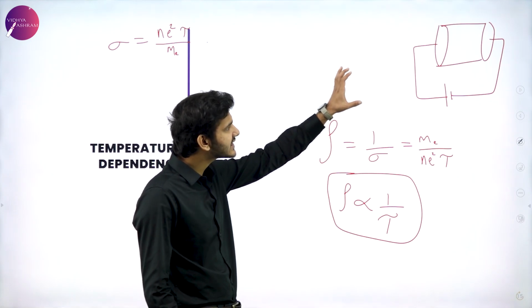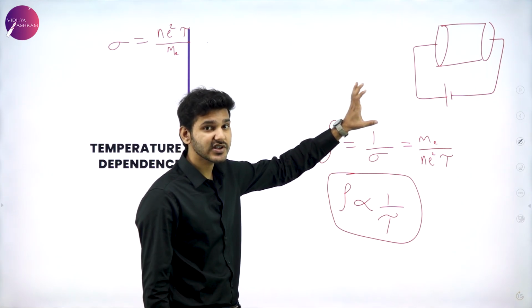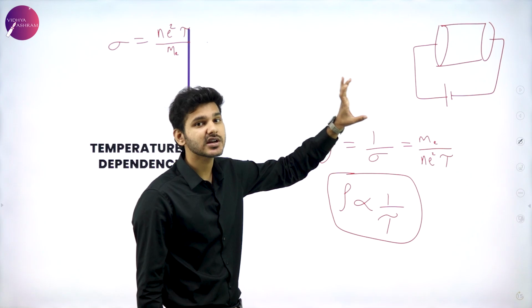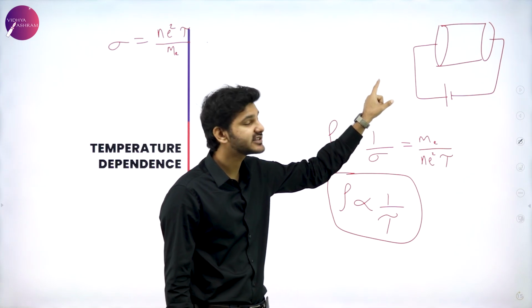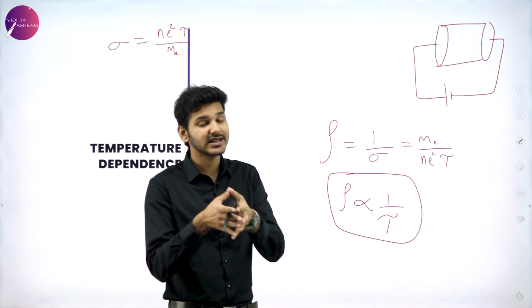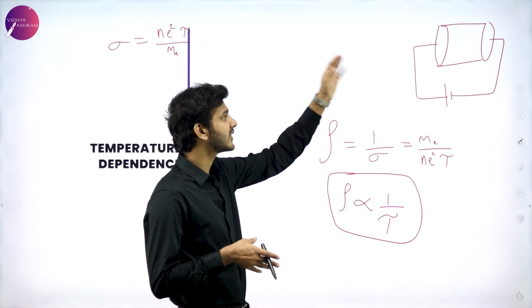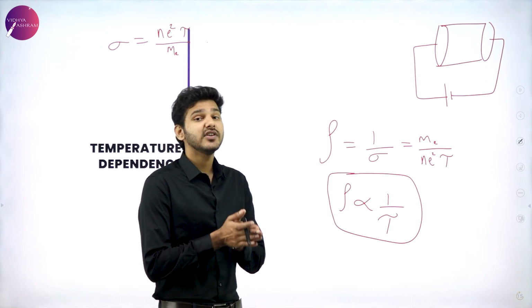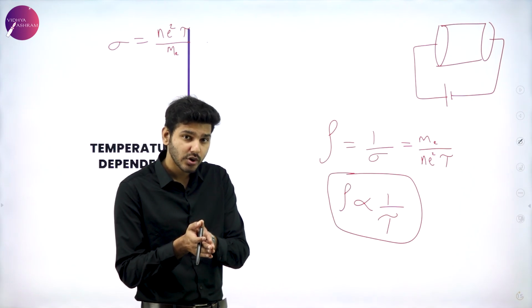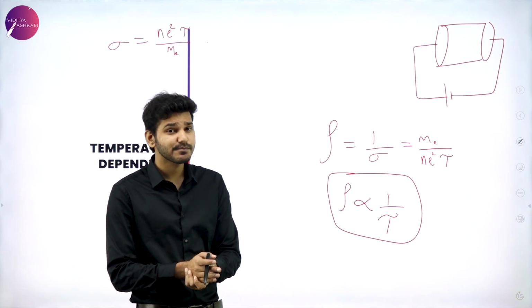Let's say this is the particular circuit for which I have connected the semiconducting material or the metal through which a current is passing. Now we saw that in the case of drift velocity, electrons will be experiencing a force and they will be traveling. Vd was directly proportional to tau and inversely proportional to the temperature.